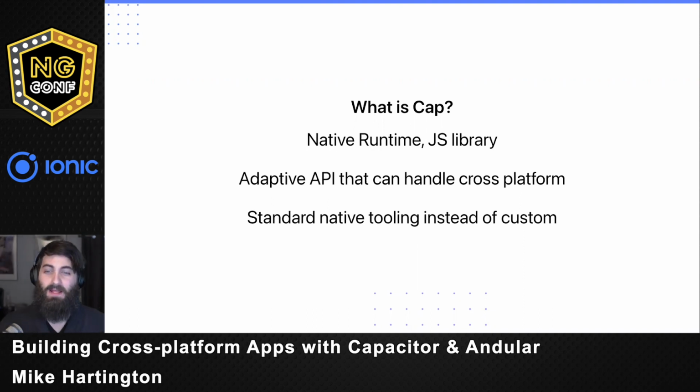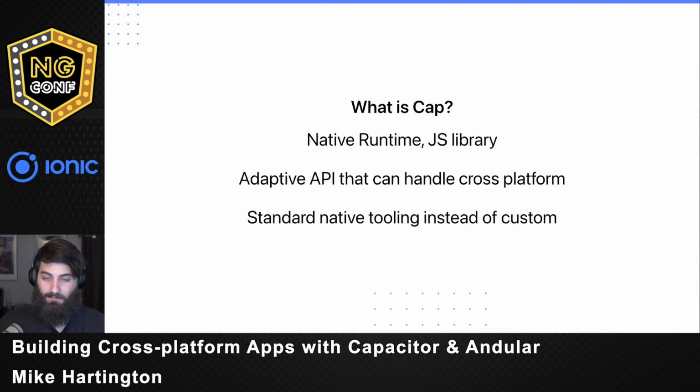Now, this JavaScript library and these APIs are adaptive, so if you deploy to a website or as a progressive web app, you're going to get the web version of that implementation. But if you deploy to an iOS device or an Android device, you're going to get the correct implementation for those platforms. The way it achieves this is by utilizing the correct native binaries and native features that each platform provides.